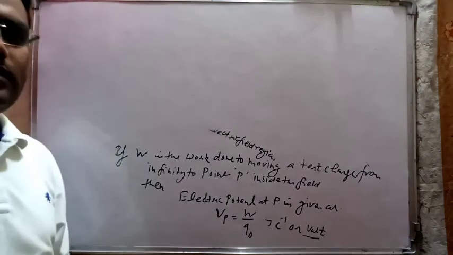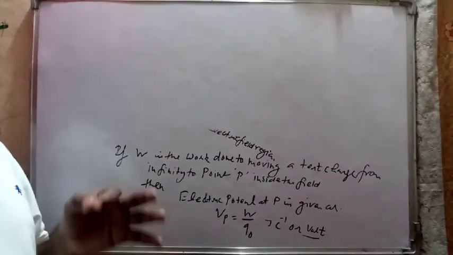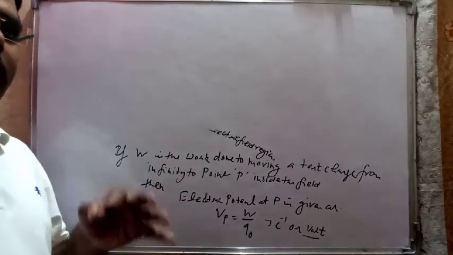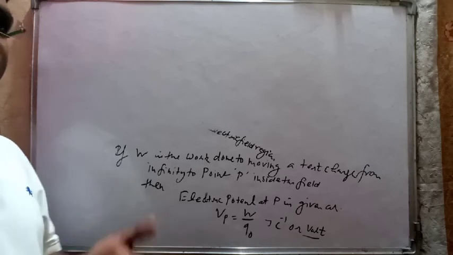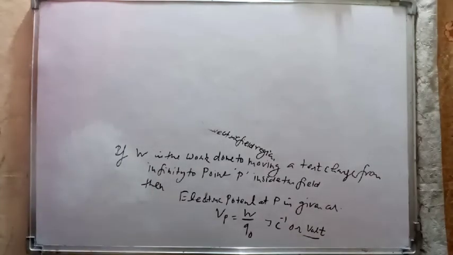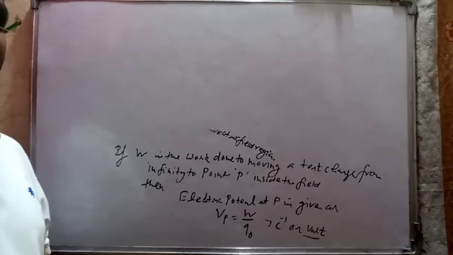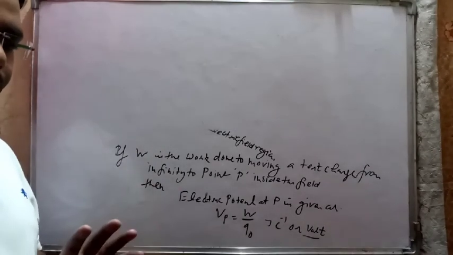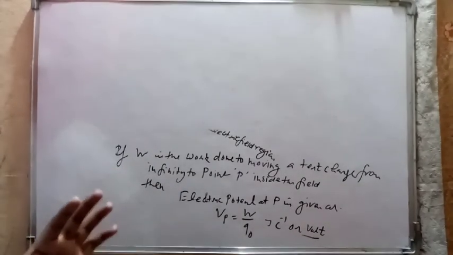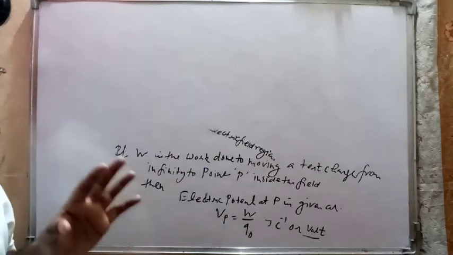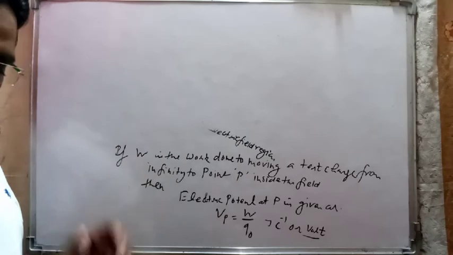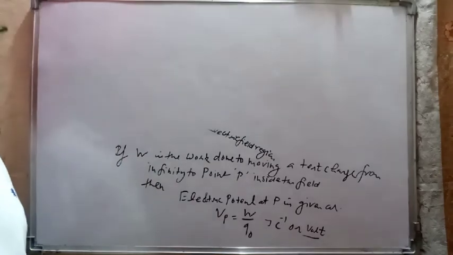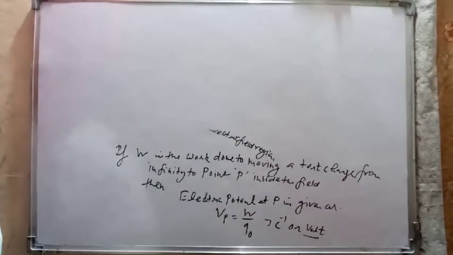First definition is the amount of work done in moving a unit positive test charge from infinity to that point. And the second definition is the electric potential energy per unit test charge.